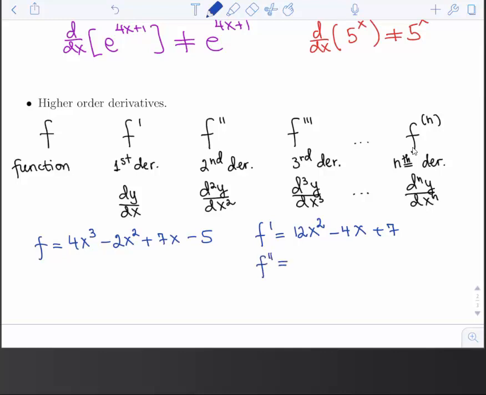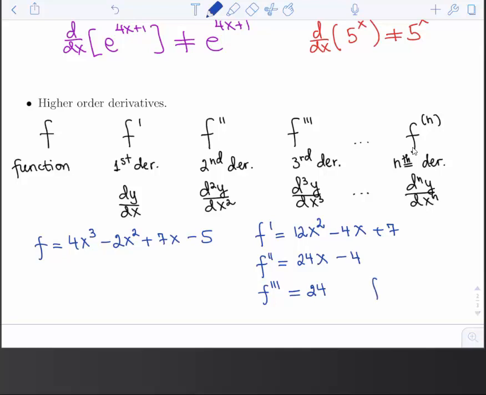Second derivative would be the derivative of the first derivative, right? So this would be 12 times 2, that's 24x minus 4, and plus 0, so you can skip that 0. What about the third derivative? Third derivative would be just 24.